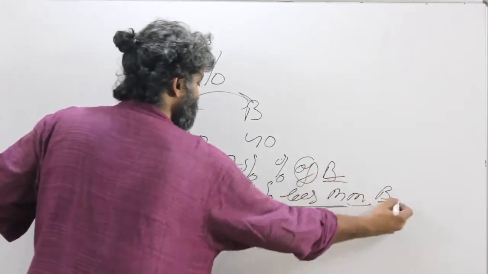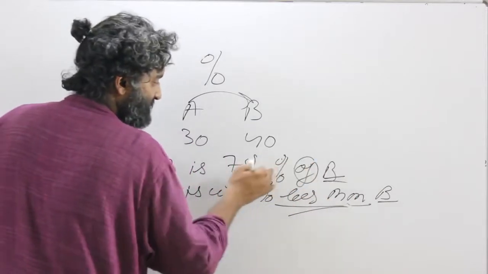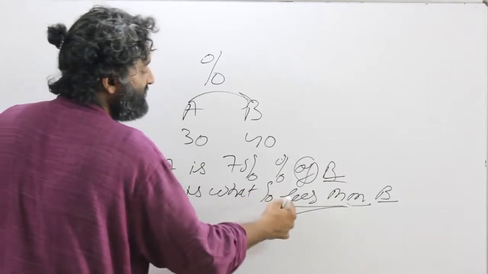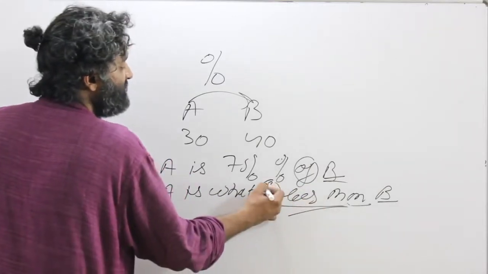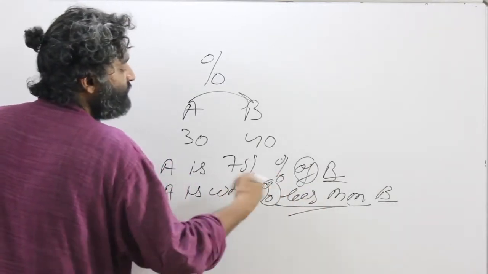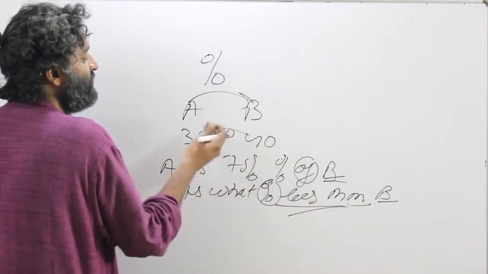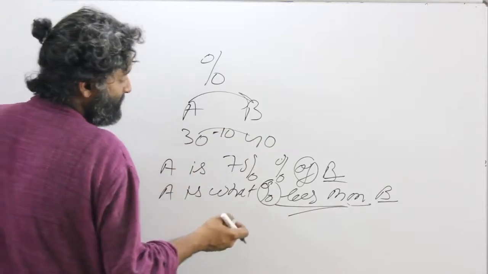The base is still 100. Here the percentage operator is still working on B only, right? Now, A is what percent less than B. Forget the percentage symbol for a bit and say A is what less than B. Your answer would be A is 10 less than B, right? It is 10 short.